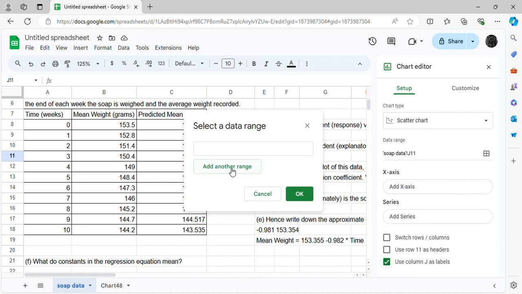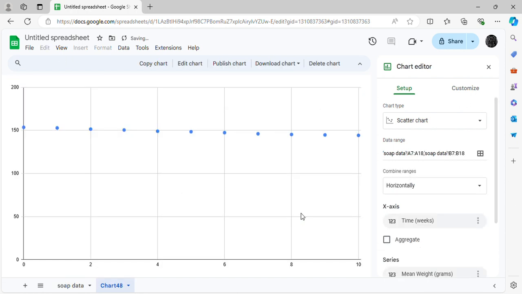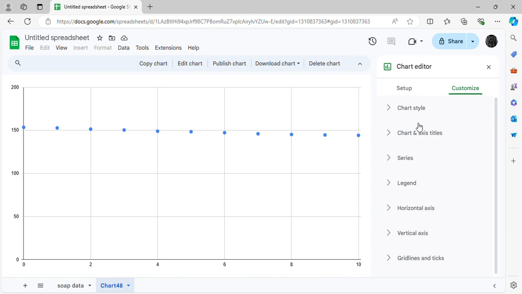First, let's select the time in weeks, and let's select mean weight in grams. Click on OK. And let's customize the chart.